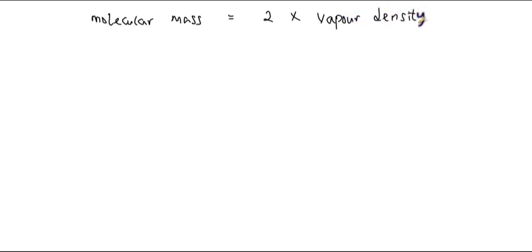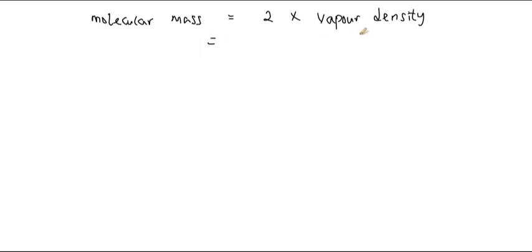For the molecular mass of the compound, we'll be using the formula that says molecular mass equals 2 times vapor density. In some cases, the molecular mass would have been given in the question, but here we are not given the molecular mass.